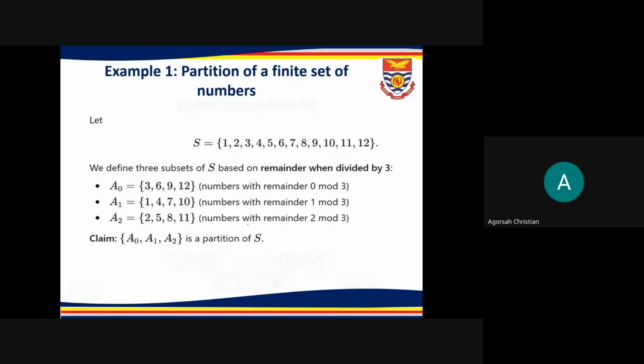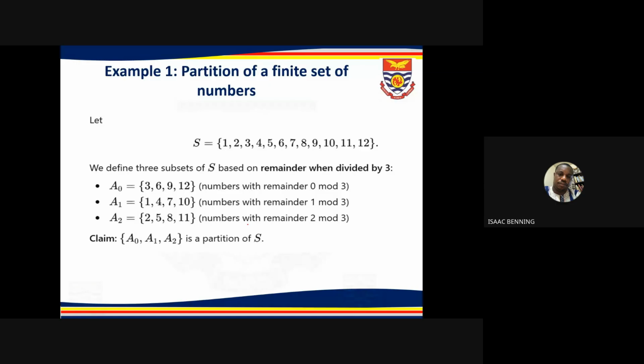And I have some other real life illustrations here. If you can hold on after this illustration and you are still not clear, you can ask the question. So let's consider this set, set S. The elements are 1, 2, 3 up to 12.